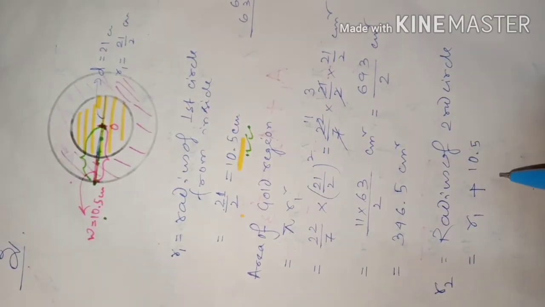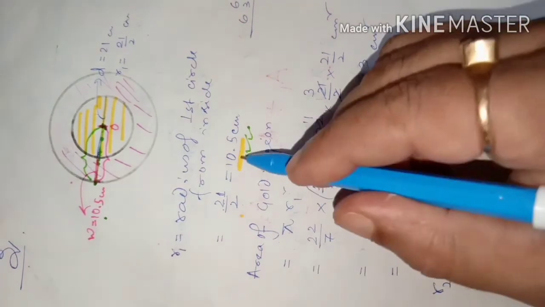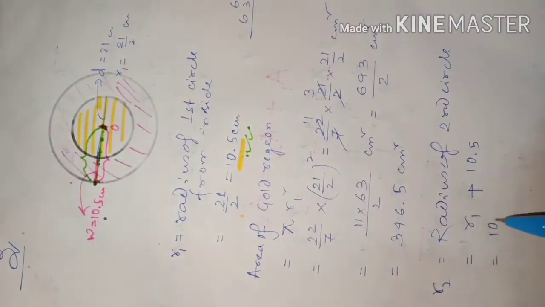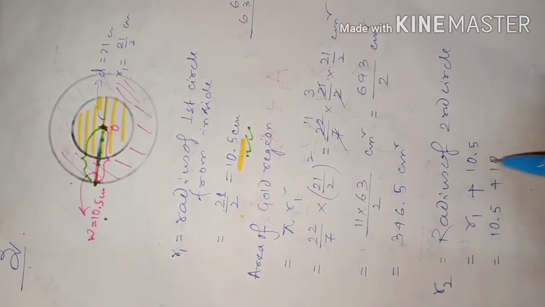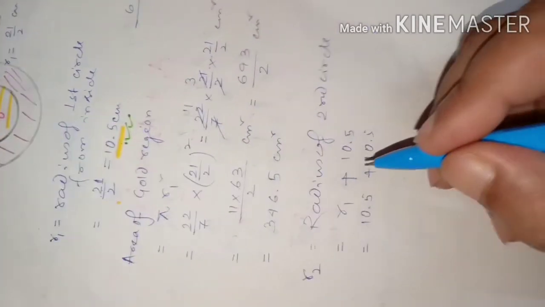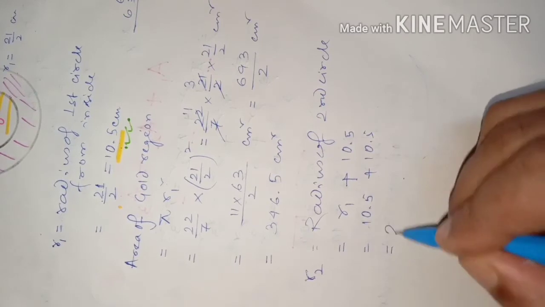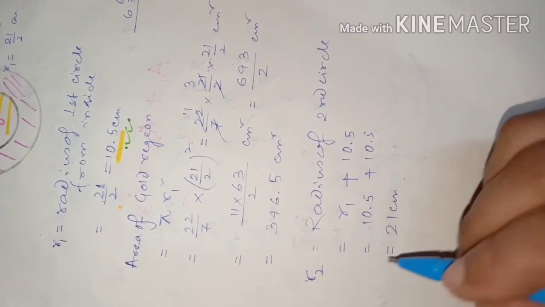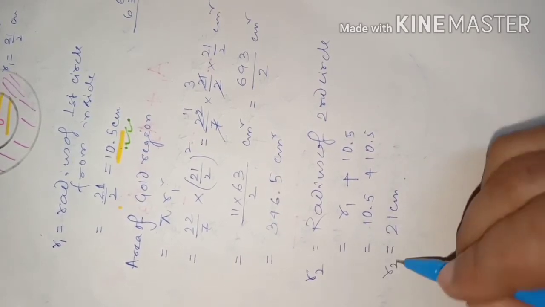R1 is actually 10.5, so 10.5 plus this 10.5 is equal to 21. This is R2, the radius of the second circle.